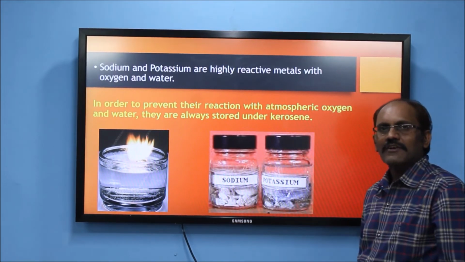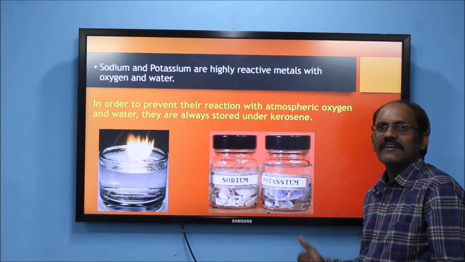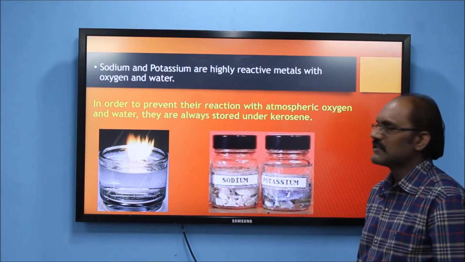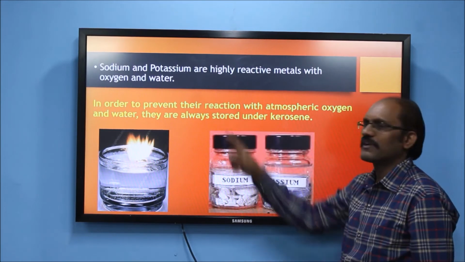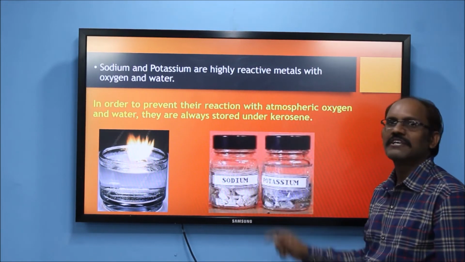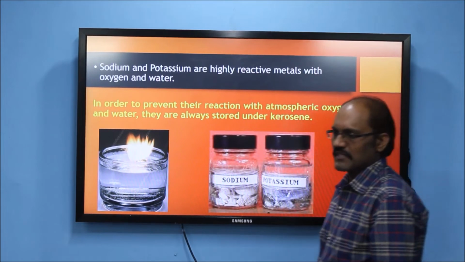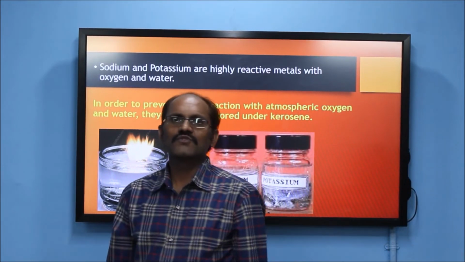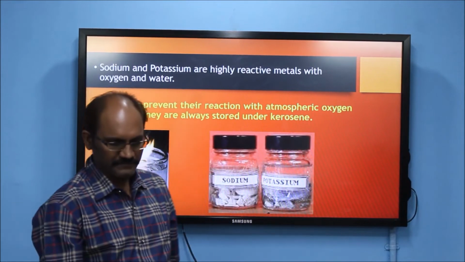So, to prevent their contact with oxygen gas or water, generally sodium and potassium are stored in kerosene. So there are two metals which are stored in kerosene. They are sodium and potassium.